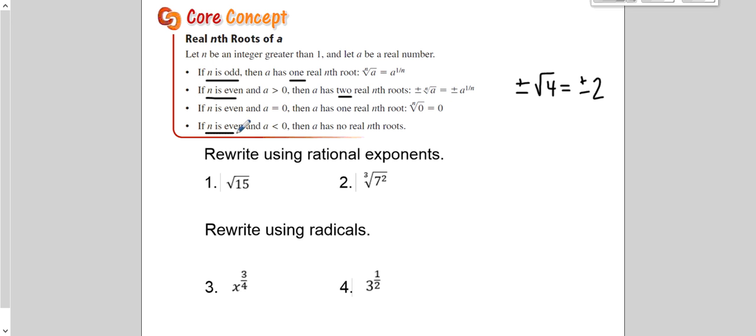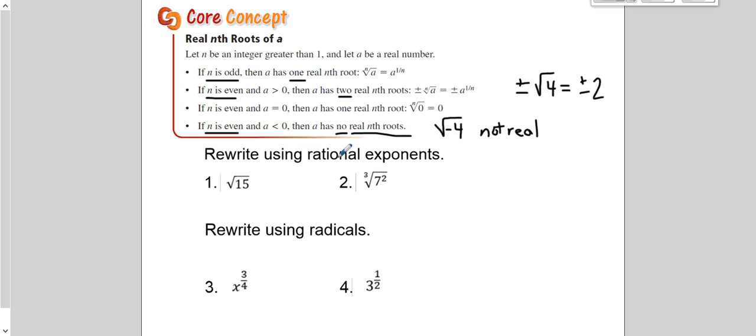If n is even and a is less than 0, then a has no real nth roots. So in other words, the square root of negative 4 is no real solution. It's not a real number.